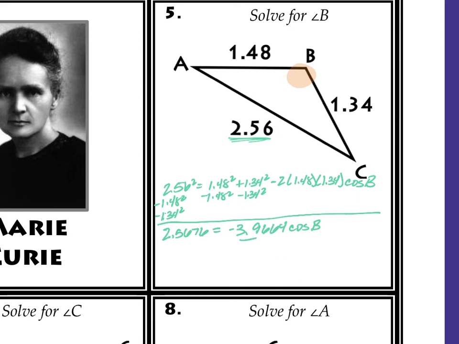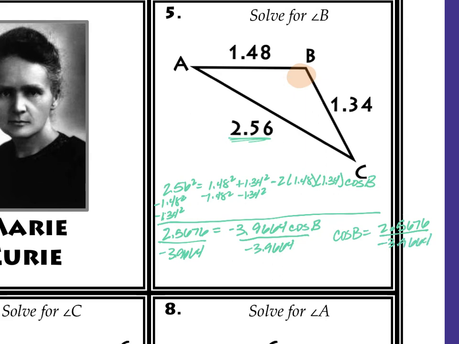And then I divide by negative 3.9664 on both sides. And then cosine of B is going to be equal to 2.5676 divided by negative 3.9664.